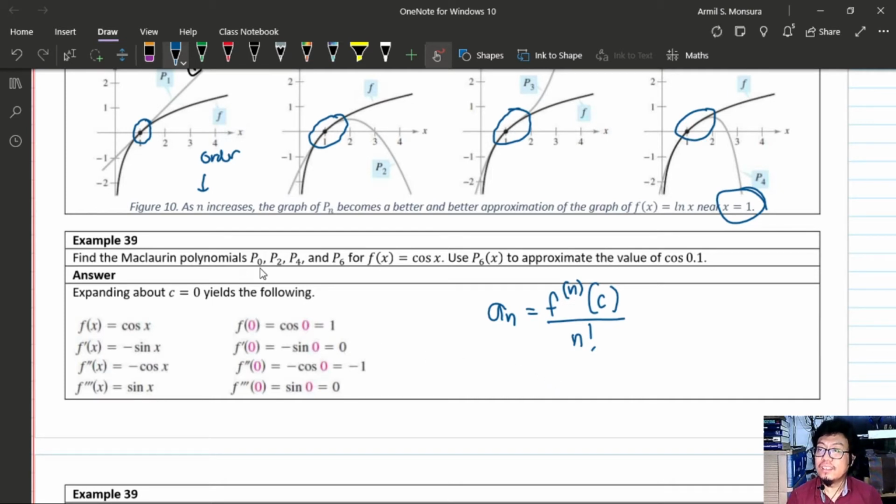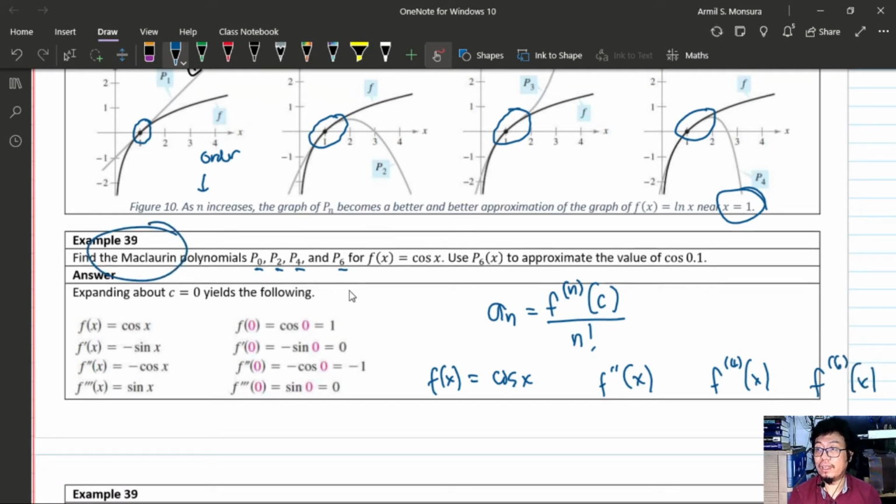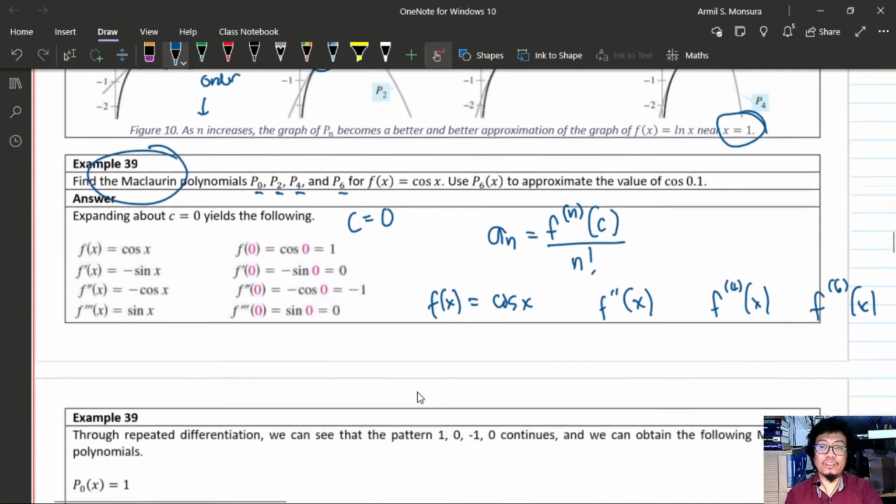Here, since you're looking for P0, P2, P4, and P6, that requires the function f of x equals cosine of x. It requires the second derivative, the fourth derivative, and the sixth derivative. And since this is a Maclaurin polynomial, the center is at 0. So that's what you need to remember in working on this example 39.